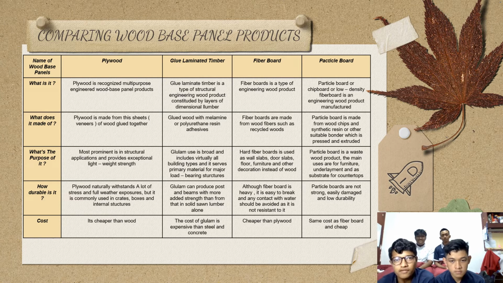The purpose of the particle board is as a waste wood product. The main uses are for furniture, underlayment and as substrate for countertops. How durable is it? The answer is particle boards are not strong, easily damaged and have low durability. And the cost for the particle board is the same cost as fiberboard and cheap.